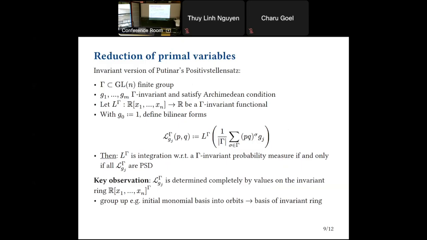The statement is that if we define linear forms by applying the linear functional not directly to the polynomials, but to the averaging over the whole group times the localizing monomial, then this linear functional is exactly integration with respect to a probability measure, which is also invariant under the group action, if and only if all these bilinear forms are PSD.